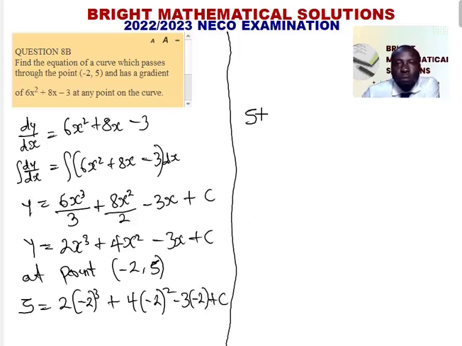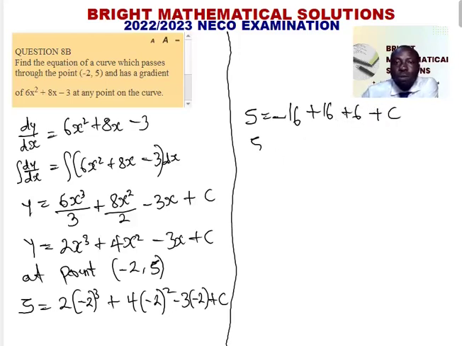So 5 will now become: -2 raised to the power 3 is -8, 8 multiplied by 2, that's -16. -2 raised to the power 2 is 4, 4 multiplied by 4, that's 16. Plus 16. -2 multiplied by -3 gives us plus 6, plus c.